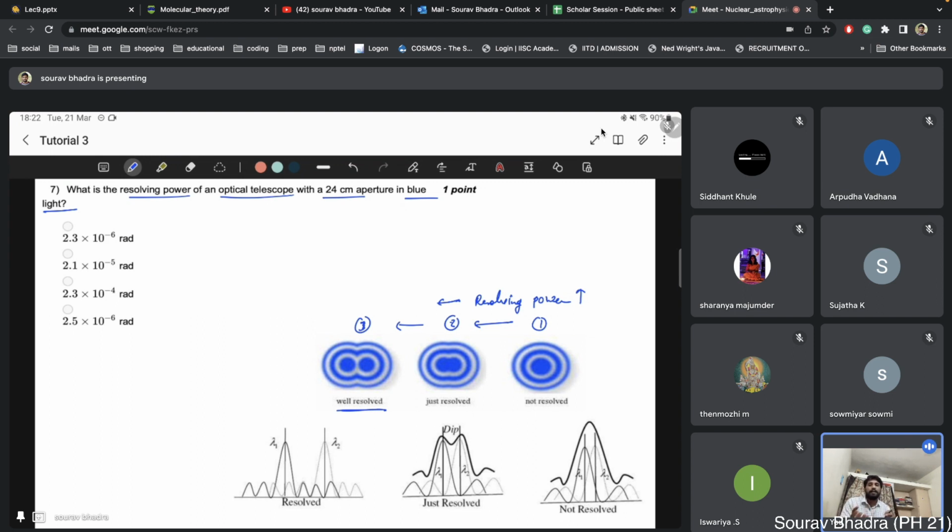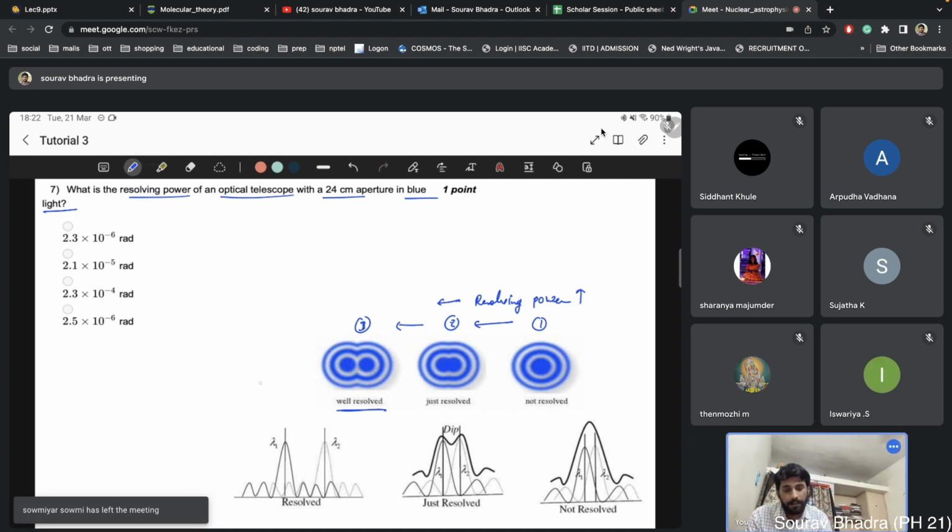This is the main essence of resolving power. With better resolving power, you can see two separate sources which look like a single source in the first case. That is called the resolving power, and there is a criterion called the Rayleigh criterion.